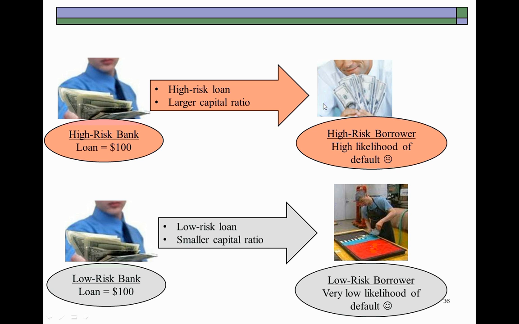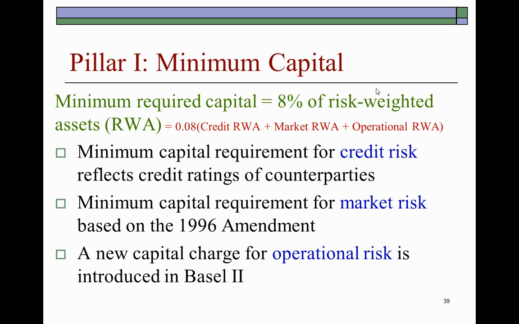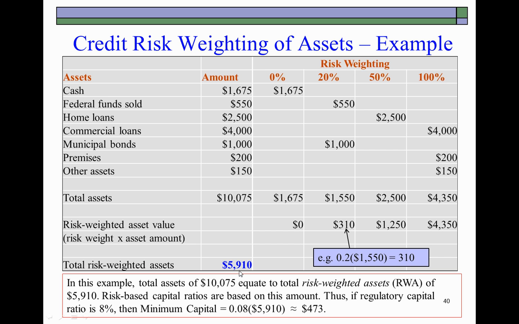If your credit rating is low, as in the guy up top here, then we're going to have to require more capital. You got to have more skin in the game to run such a bank. So now, the minimum capital requirement for market risk would be based on the 96 Basel amendments, which I will explain shortly, while the new capital charge for operational risk is now introduced in Basel II.